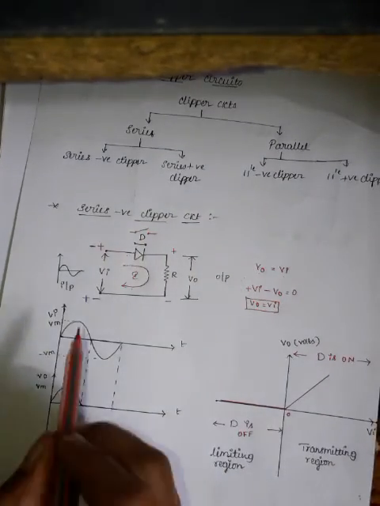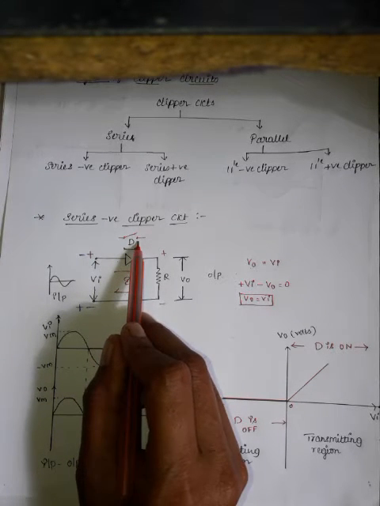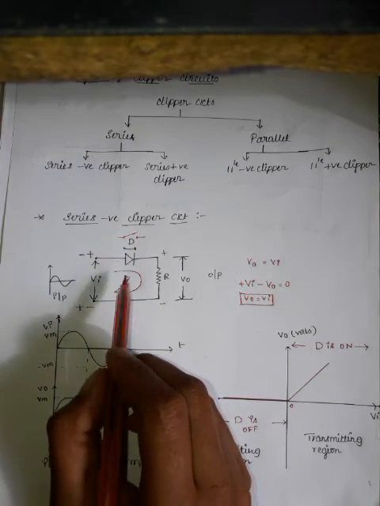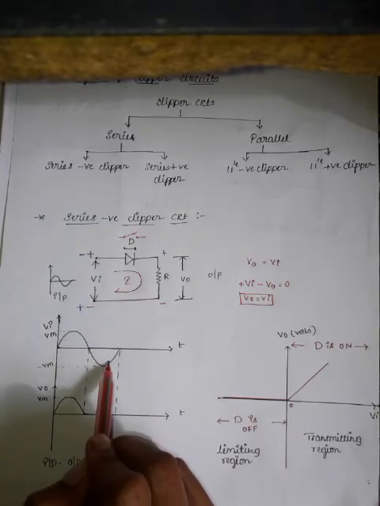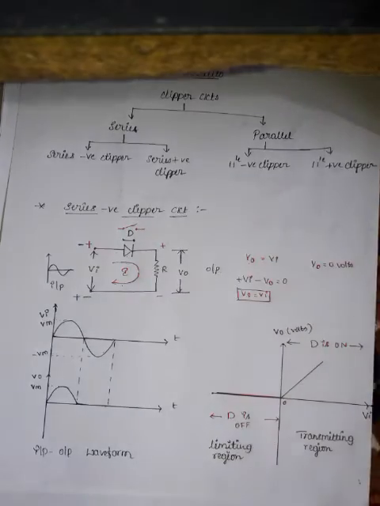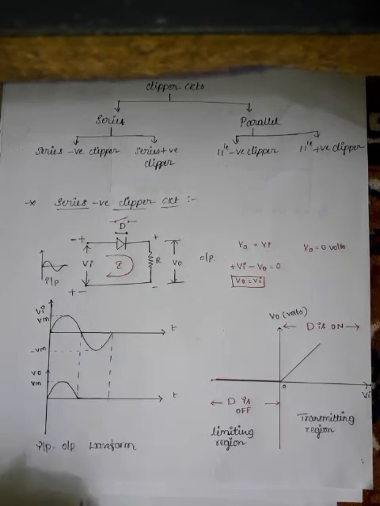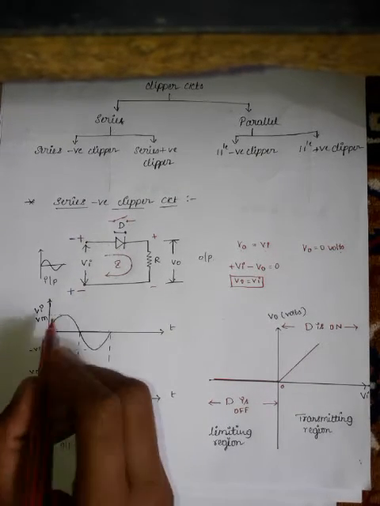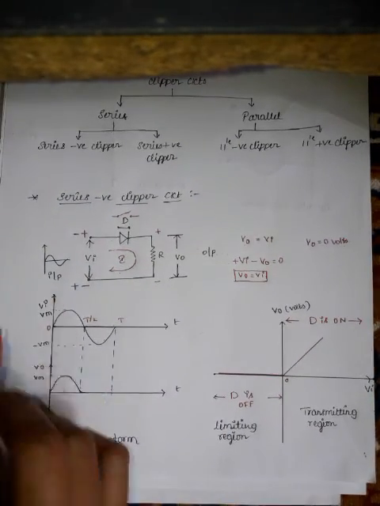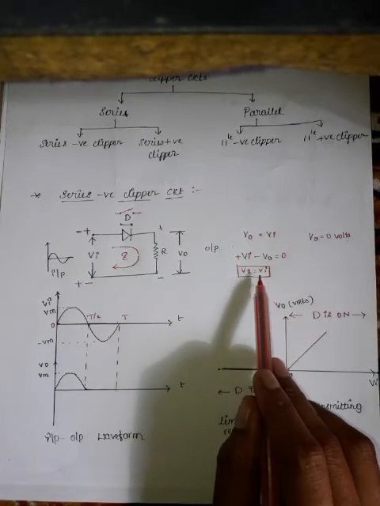During the negative half cycle, the diode will be in the reverse biased condition, that means it will be in the off condition, so the circuit will be in the open condition. There is no current during the negative half cycle, so V naught is equal to 0 volts. Now the waveform with respect to this circuit: this is the input waveform, with 0, T by 2 and T. During the positive half cycle, V naught is equal to Vi.